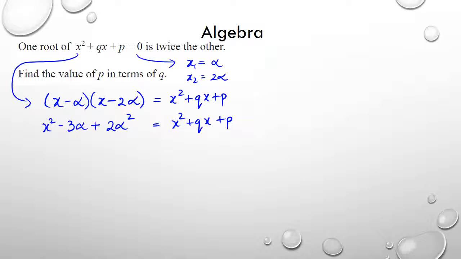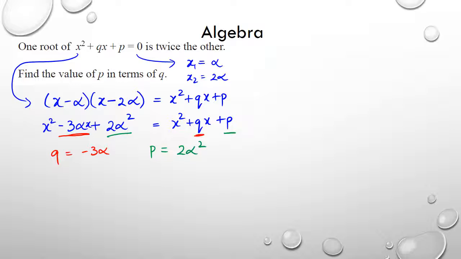So from here we can see that the coefficient of x, which is q, should equal minus 3 alpha, oh sorry, I forgot an x there, and then the coefficient of the constant, p, should equal 2 alpha squared. So q is equal to minus 3 alpha, and on the other hand p equals 2 alpha squared.